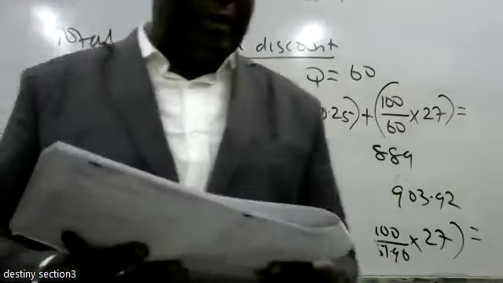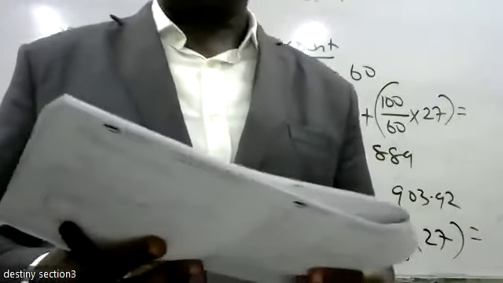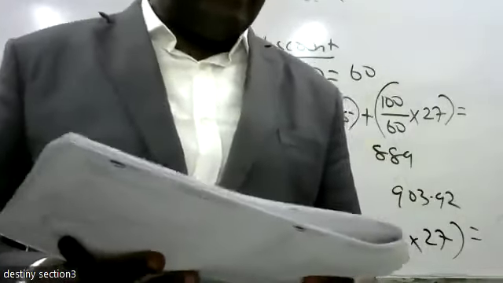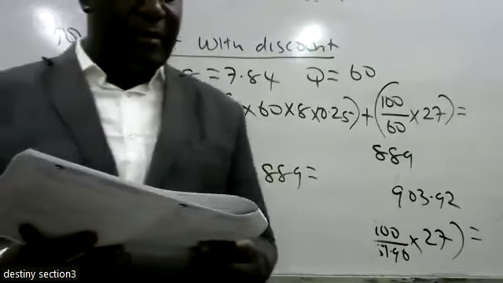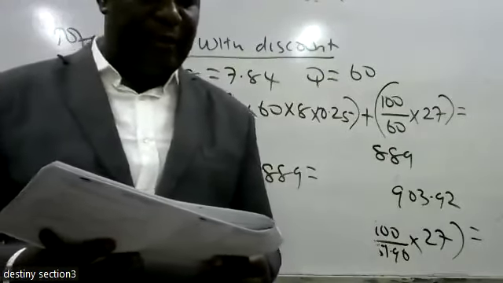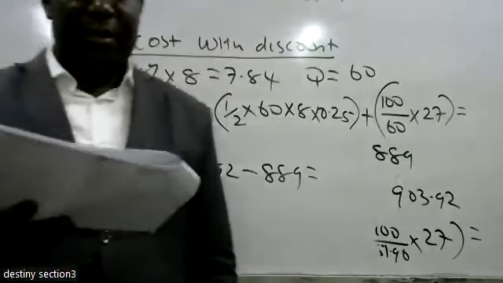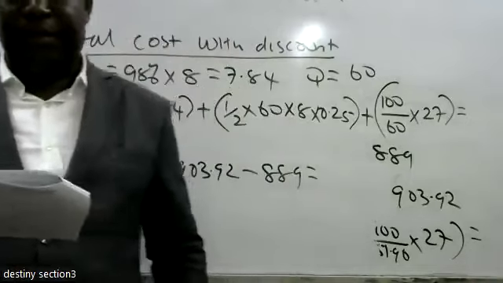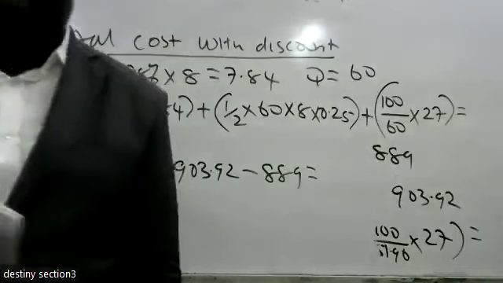Required: one, the cost of the current ordering policy; two, determine the savings that will be made by using the economic order policy.